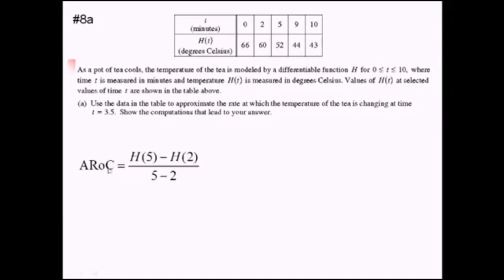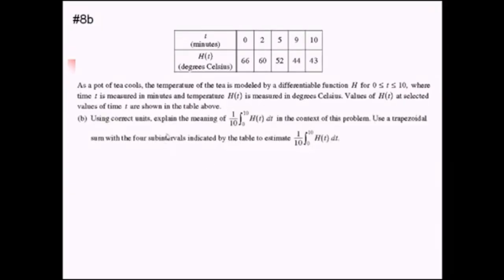So we're doing AROC, and I'm going to first show that I'm doing h of 5 minus h of 2 over 5 minus 2, just so that they can see where those top values are actually coming from. So again, that's 52 minus 60. That'll be 3 down there. And I could actually just leave it like this and stick degrees Celsius per minute on the end, or you can change it to negative 8 over 3 degrees Celsius per minute, either way.